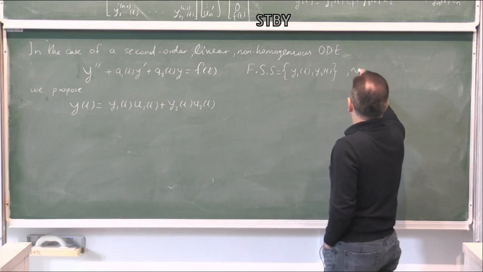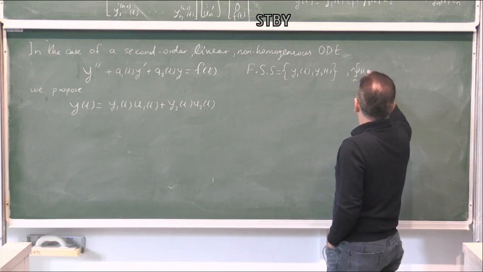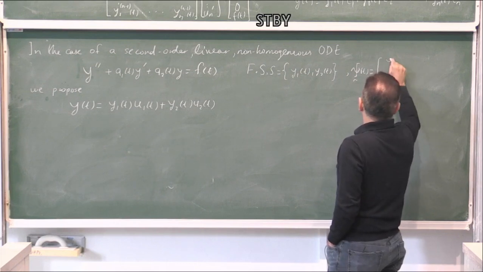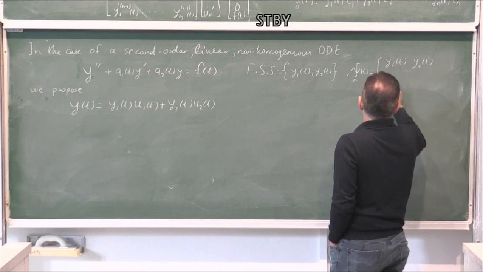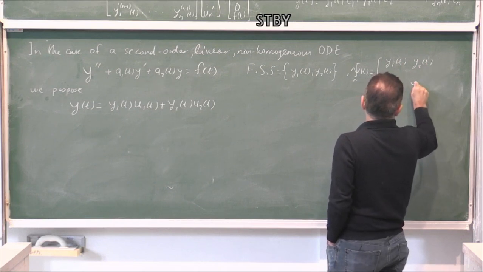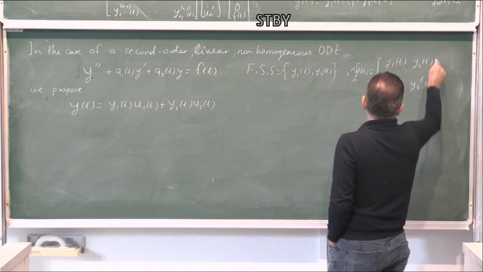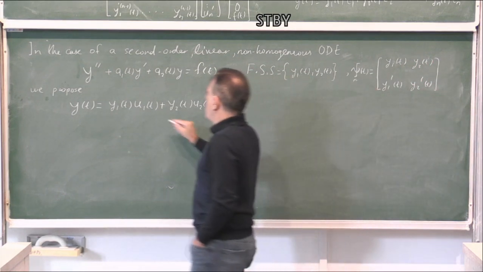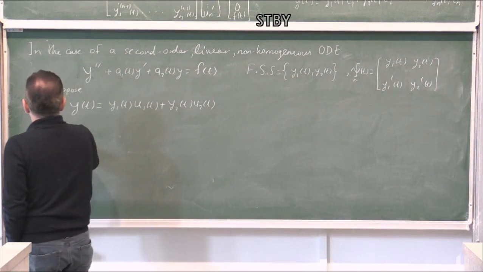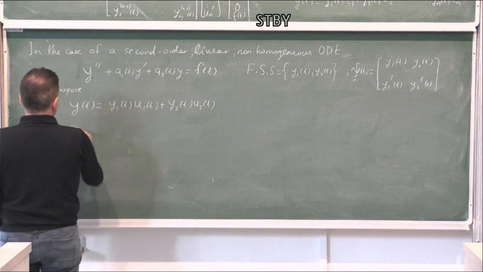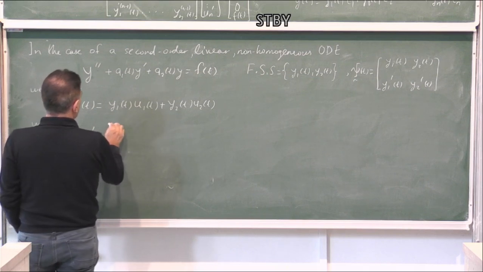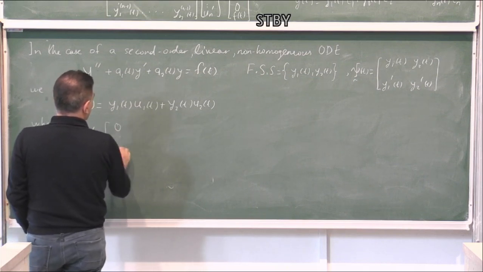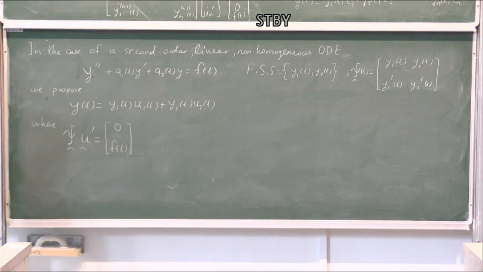So a fundamental matrix is of the form y1 of t, y2 of t, y1 prime of t, y2 prime of t, where the system is Ψ u prime equals this vector, 0, f of t.